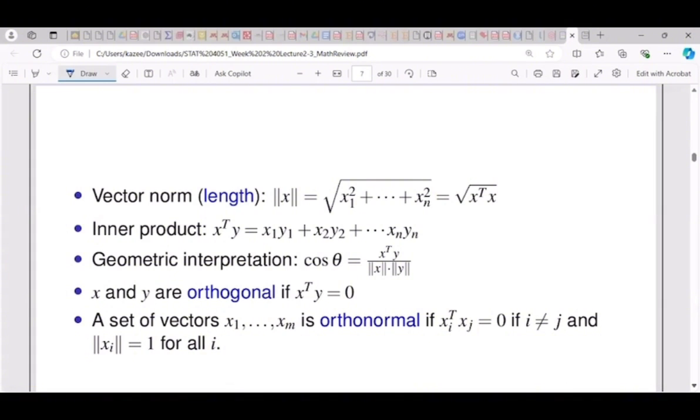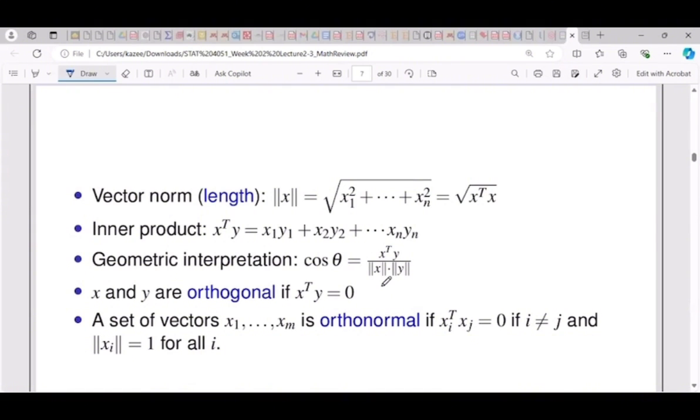How are they going to have an accurate measurement of the angle between two vectors? They need to do this. Take a look at that. The cos theta is, if you look at the numerator here, the inner product, divided by the norm of each vector. Does that make sense to everyone?